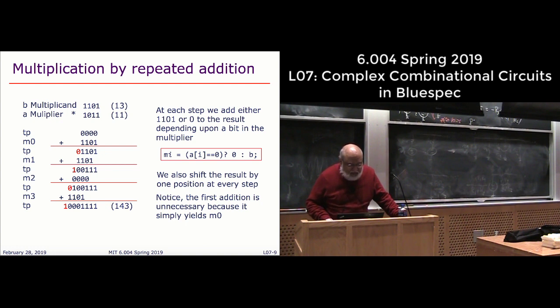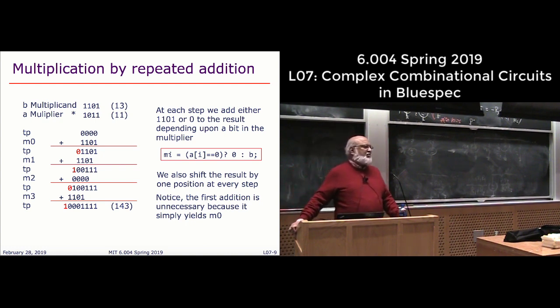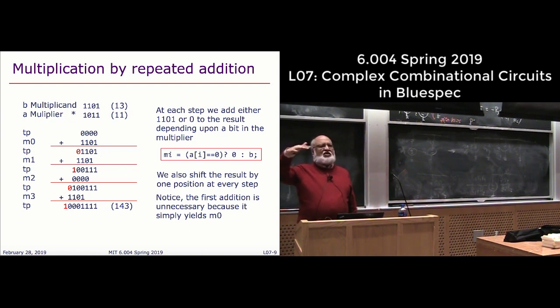And the last time, again, it's 1101 that is being added to it. So essentially, MI is telling you whether you add 0 or you add the multiplicand in it. All right, and we start out with, let's assume the temporary product value is 0, and every time we add something to it.